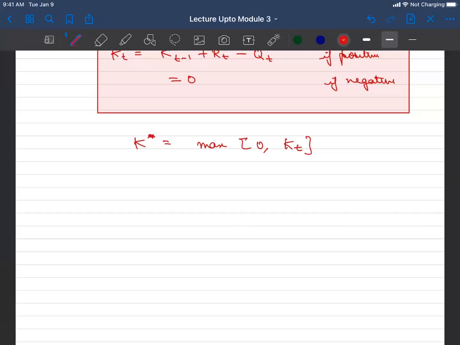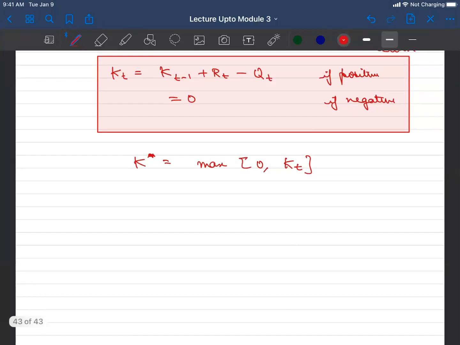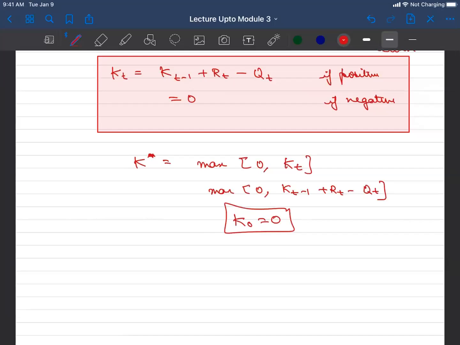This becomes a solution, right? Where K_0 is 0, K_t = K_{t-1} + R_t - Q_t, right? And you need some boundary conditions. That means when we start the cycle, we can assume that the reservoir is not existent and hence it is empty, right? And then we keep on going in a tabular form and we solve it.